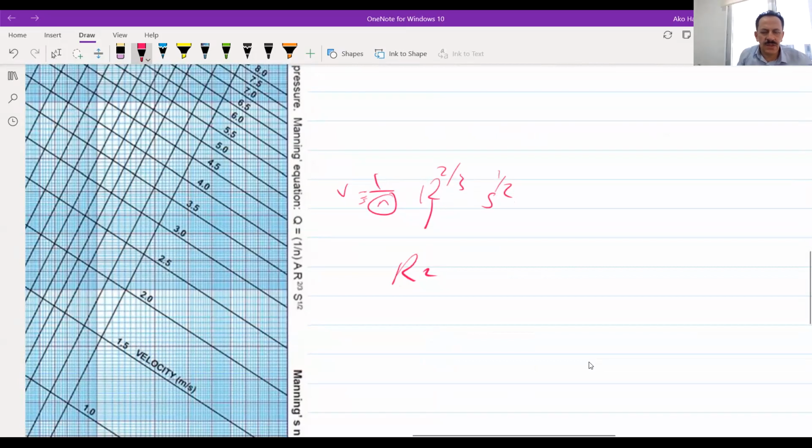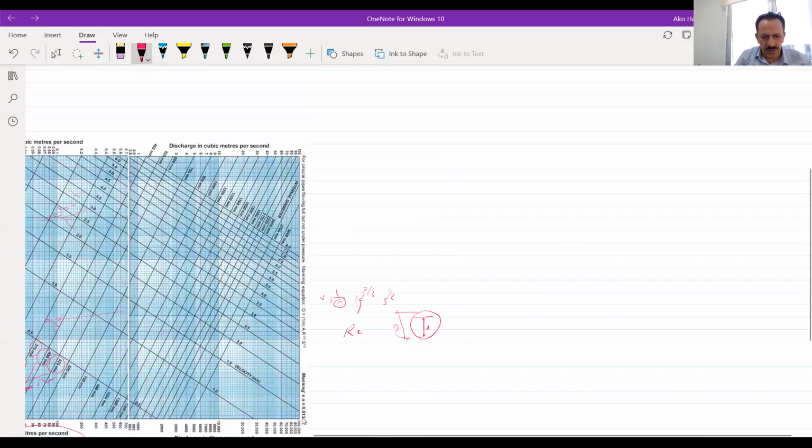If I'm using the equation, you have to find the R and then the capital D, and this is a time-consuming equation and solution.